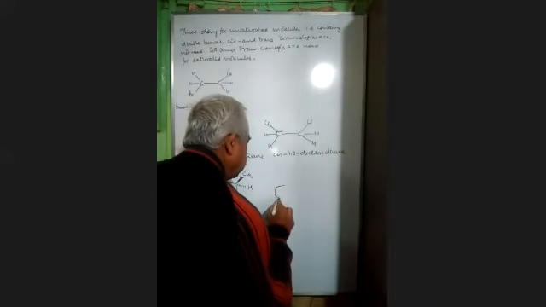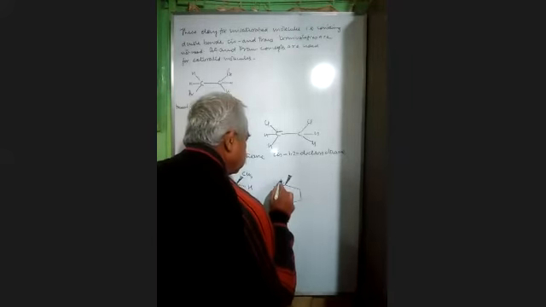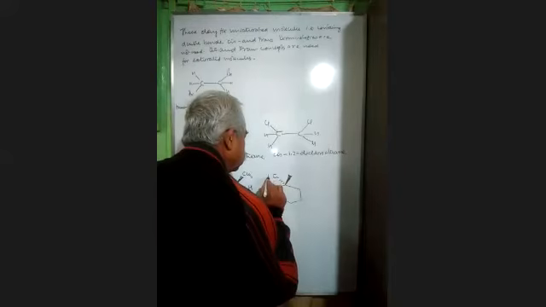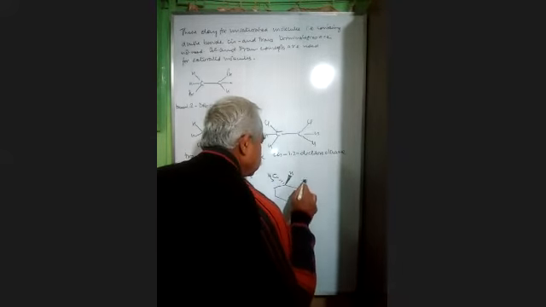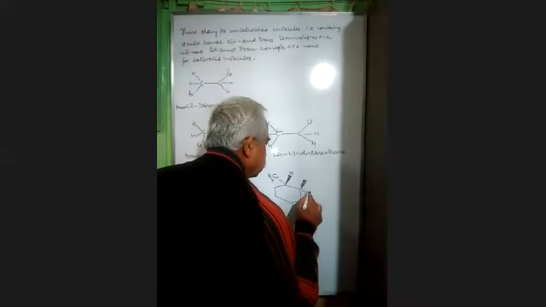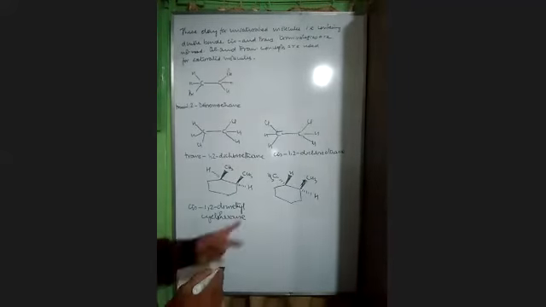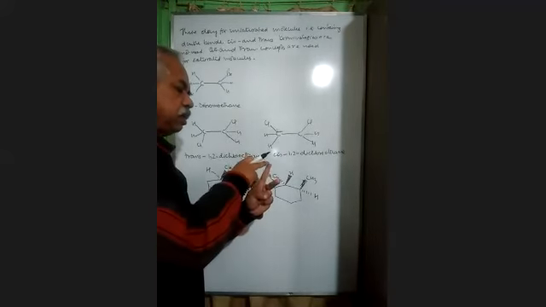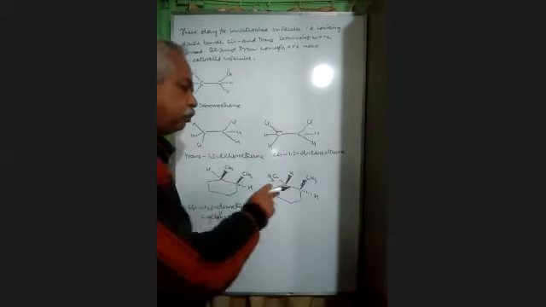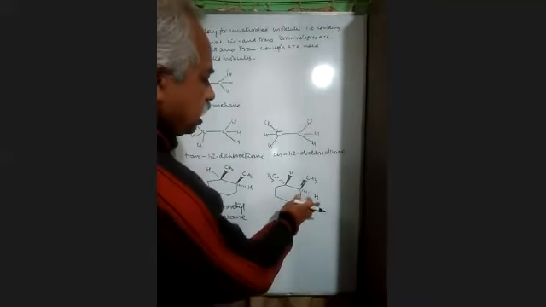This I am teaching only for entrance. See now, in this case, if this is the plane, hydrogen is above and methyl is behind the board. In this case, methyl is above the board, white board, and hydrogen is behind.